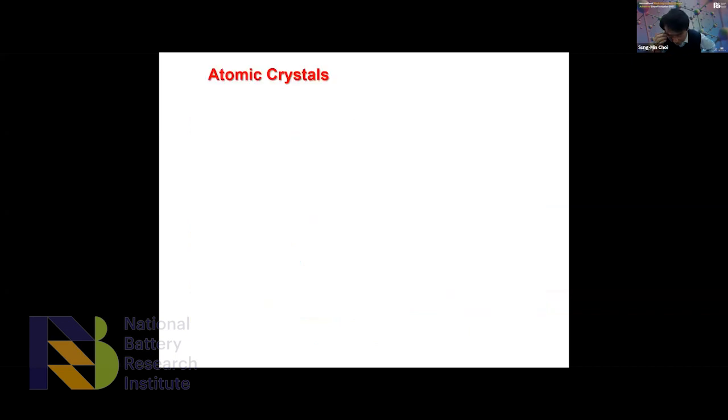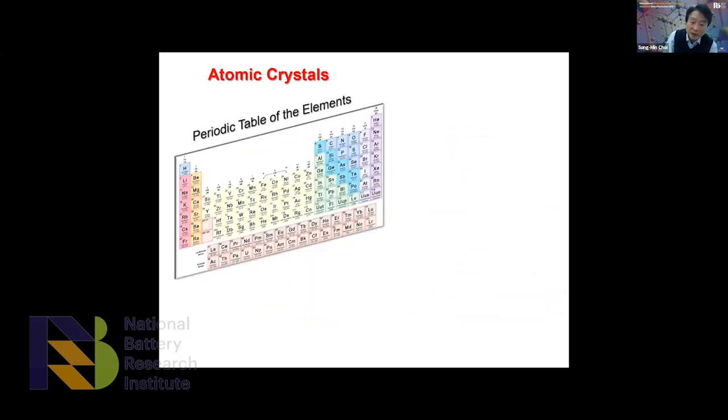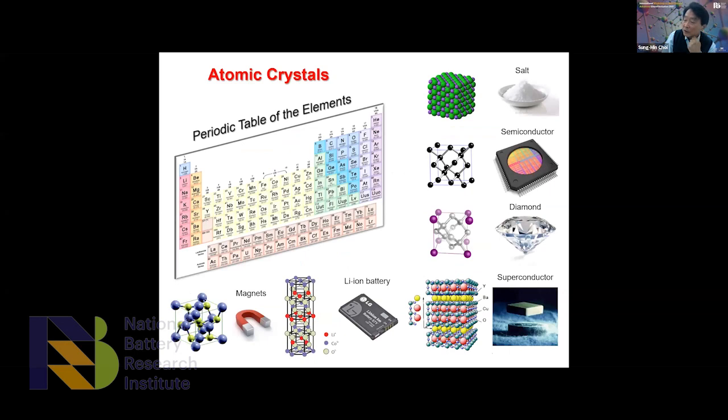So now let me talk about the research activities in my group. As we all know, all the materials we have are made of atoms on this periodic table. And depending on what kind of atom is used or how the atoms are placed in space, depending on the symmetry of this crystal, they all have different properties, as we all know.